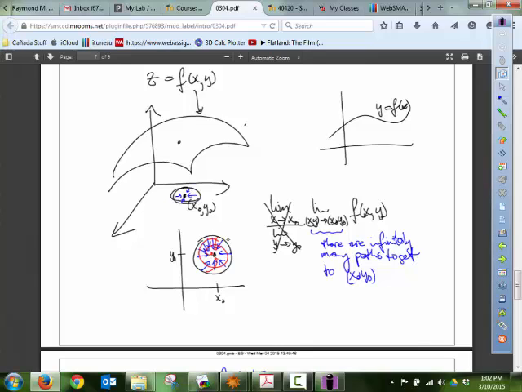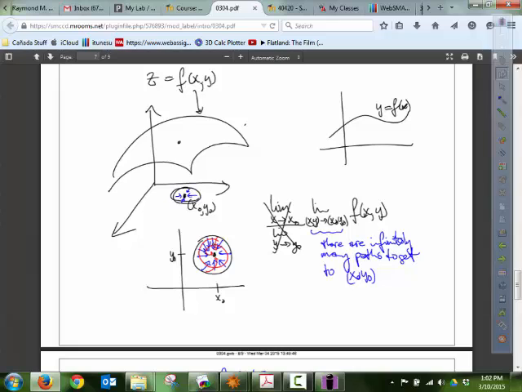You come from the left, right, coming from an angle, coming from a curve, coming from a spiral. You're coming from a lot of different perspectives to get to that x naught, y naught point. And you would have to check all of them to prove that it's true. Or you could just do the epsilon delta. But proving that it's false, all it will take is just one path to show that it's not going to work.